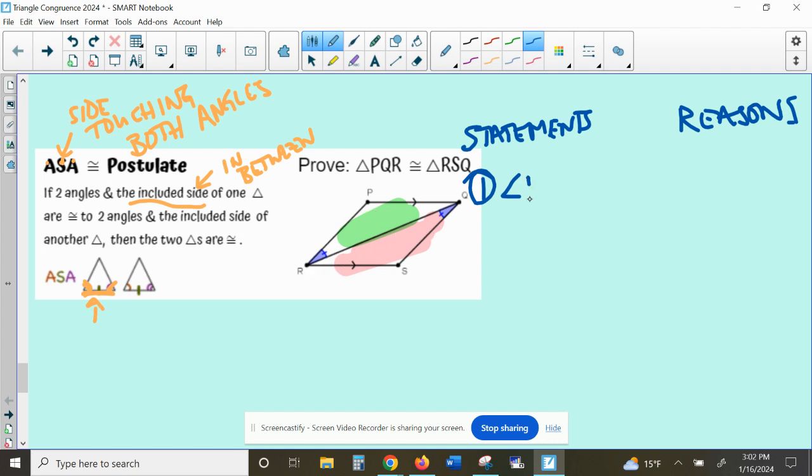Sure did. So I named it right. Angle PRQ is congruent to, I need this angle over here, so I'm going to call him S to Q to R. Angle SQR. So that is going to be given.